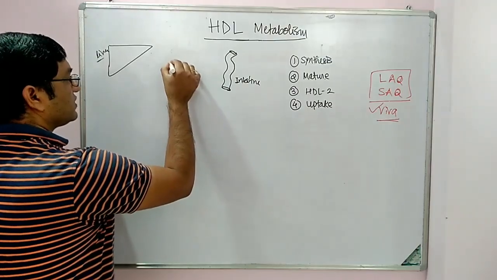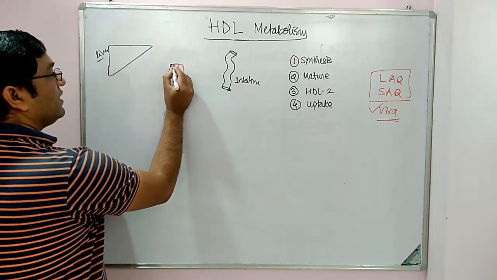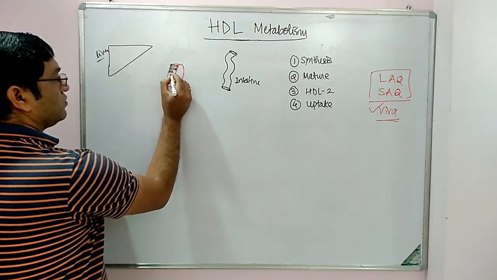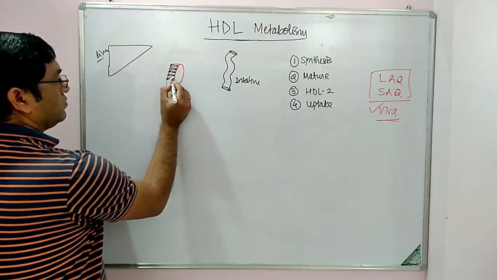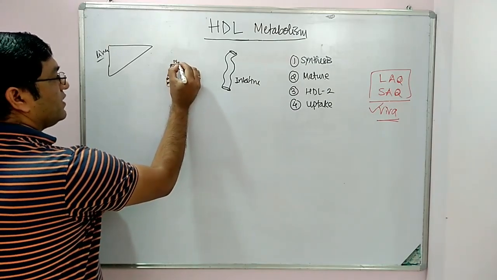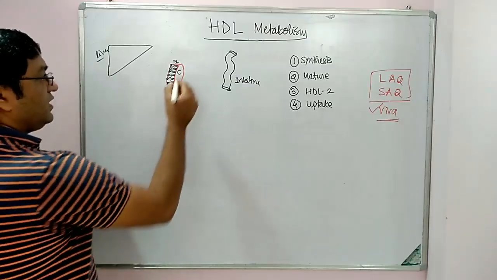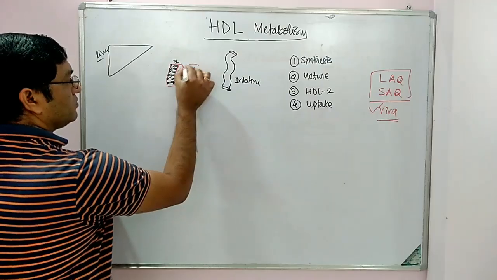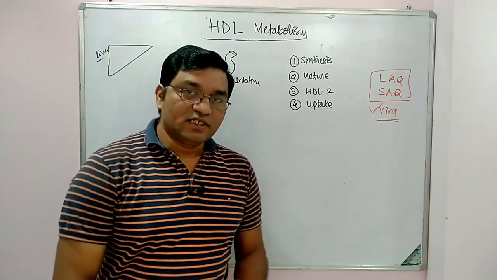So it is a disc, and it is made up of a phospholipid bilayer. It contains free cholesterol, and the major apolipoprotein in the HDL is ApoA1. So this is known as discoidal HDL.